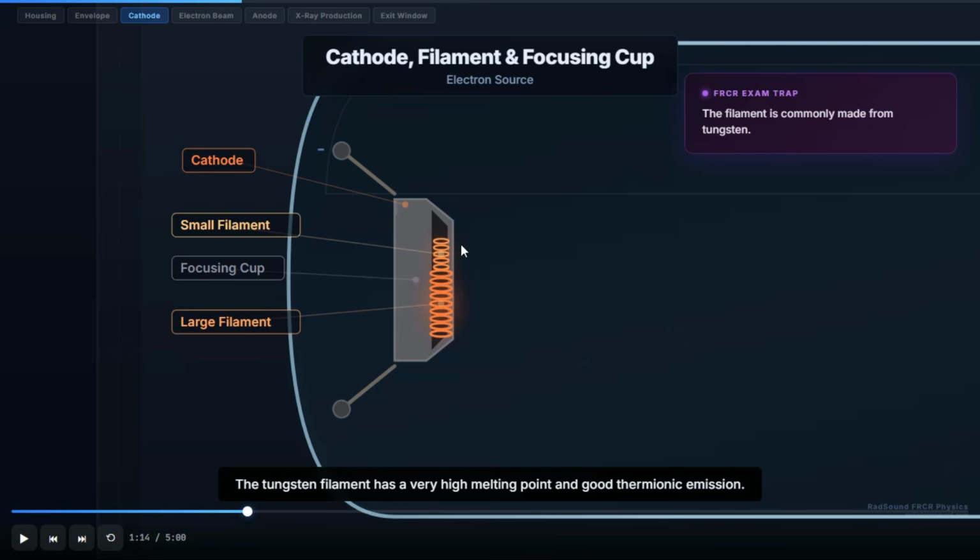Because of the applied high current and low voltage, they gain energy and escape from the filament. This release of outer shell electrons from the tungsten is called thermionic emission. Thermionic emission is very important to understand.